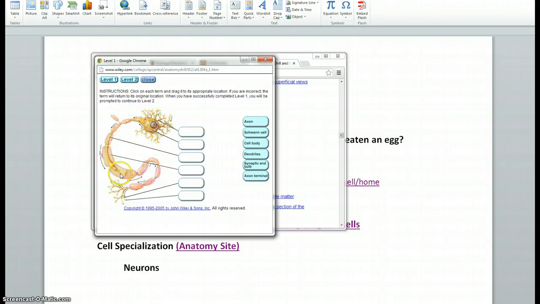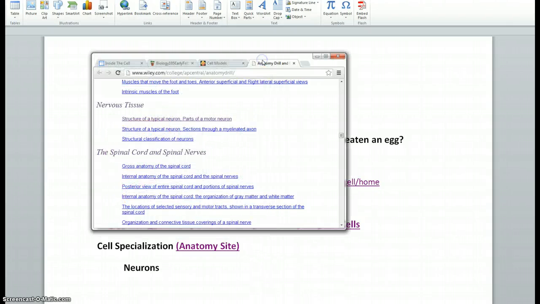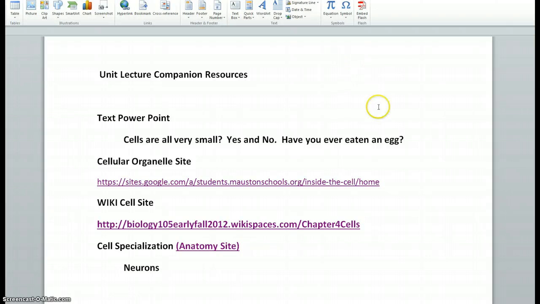It can come out of your spine and go all the way to your toe. So that's a really differentiated cell that's quite unique, but there are a lot of neurons in your body, and there are other cells associated with neurons that, when put together, allow your body and your brain to function and function well. So in the next video, we're going to talk about neurons and differentiation of different cells in your body.